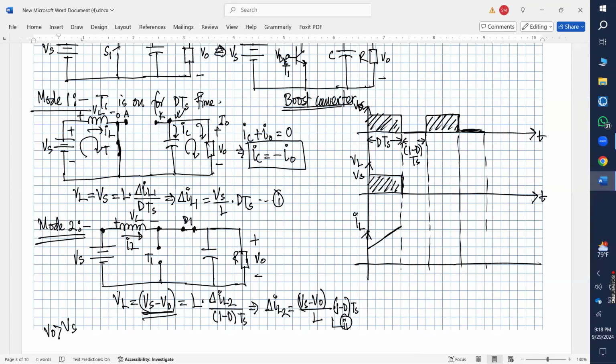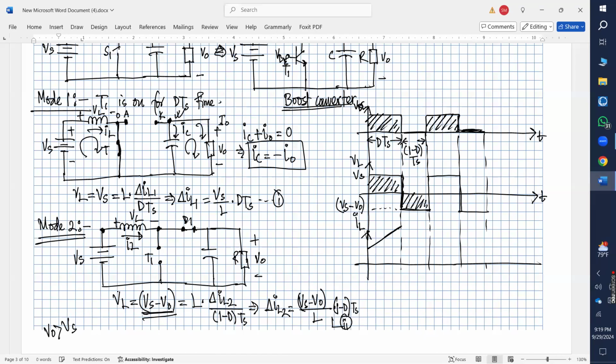Negative. So during this time, when the switch is off, the voltage across the inductor would be a negative value. This value would actually equal Vs minus V naught.